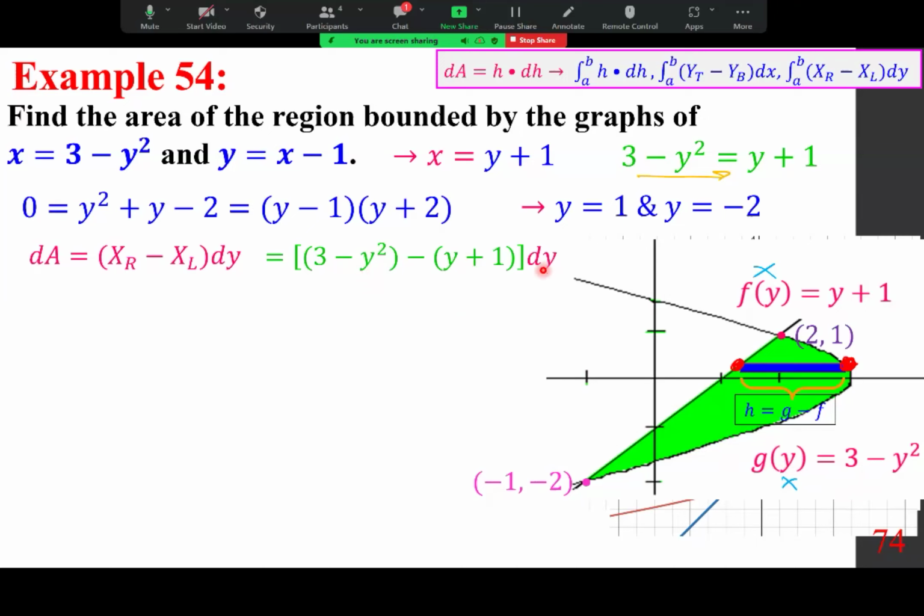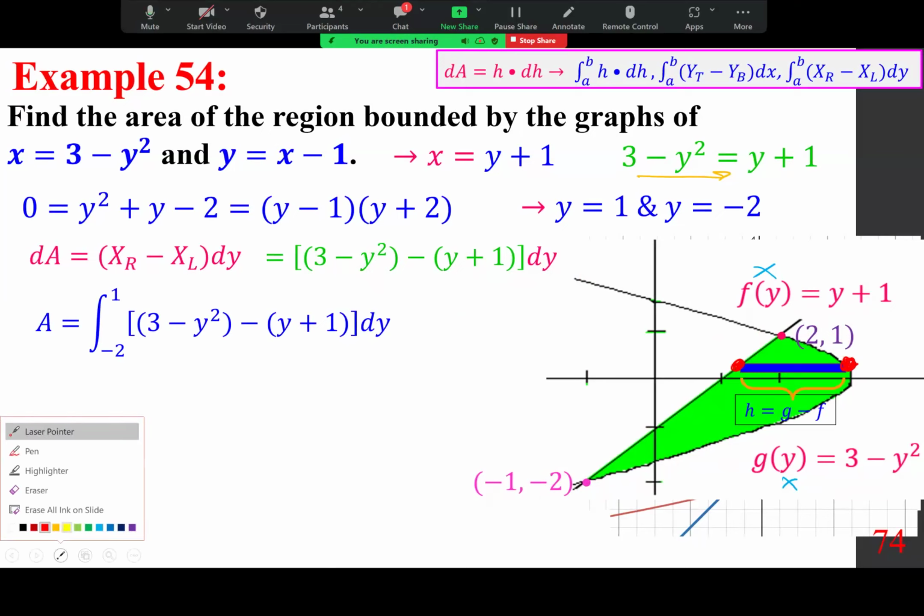And now, because we are dealing with dy, when we want to take the integral, the limits are the limits on the y, from negative 2 to positive 1. Okay, look at the y coordinates. The bottom is negative 2, the top is 1. So let's combine them. This is negative y squared. This is minus y.